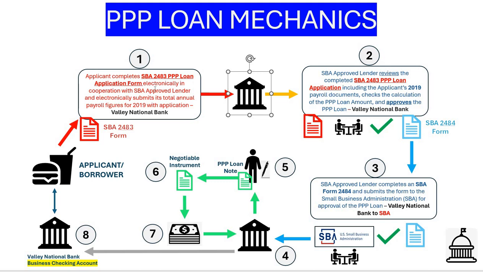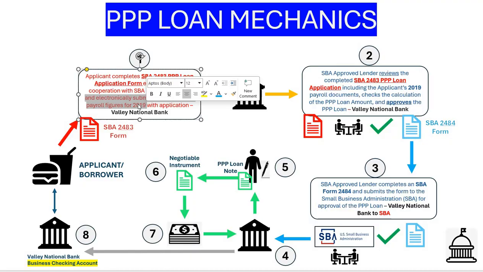The borrower completes the form electronically in cooperation with its lender, and once it does so, it electronically submits the application, including the business's total annual payroll figures for calendar 2019. Those supporting documents needed to be submitted electronically to the bank in conjunction with the application.